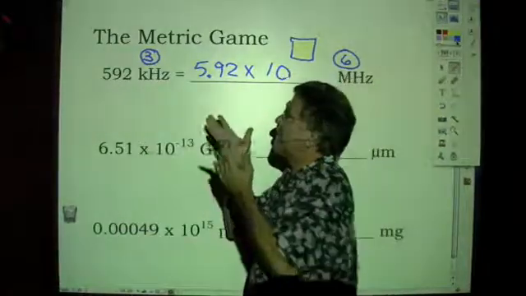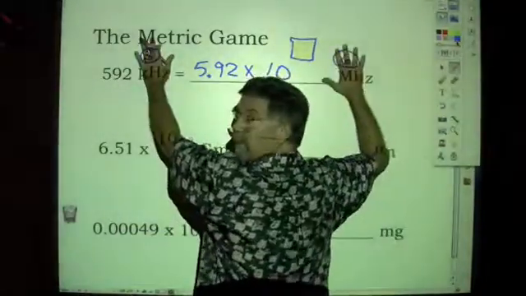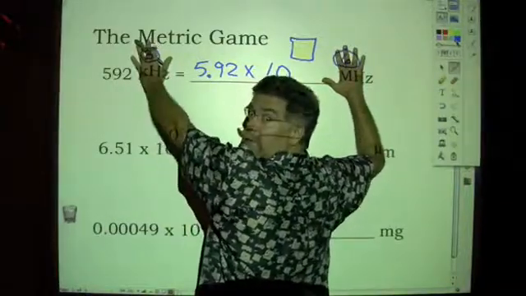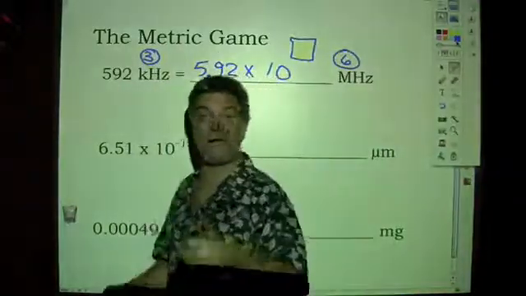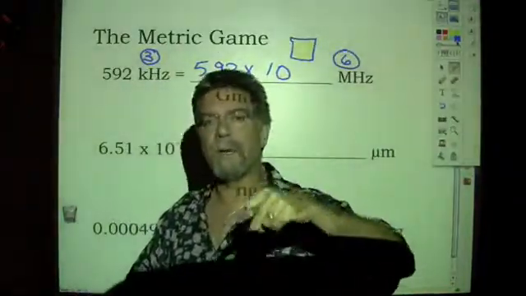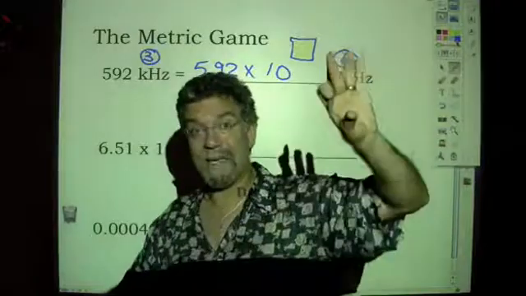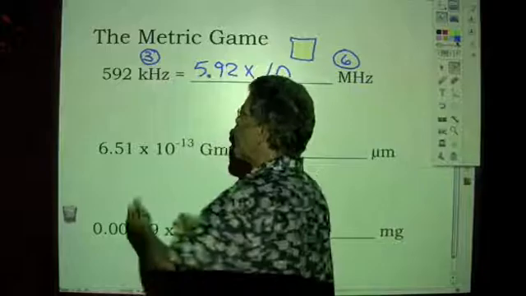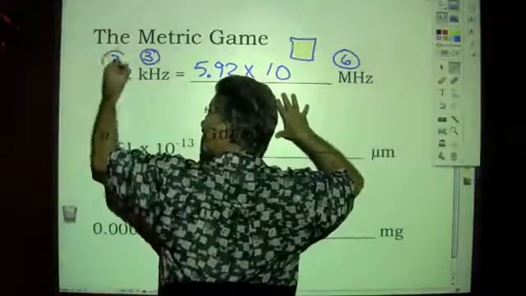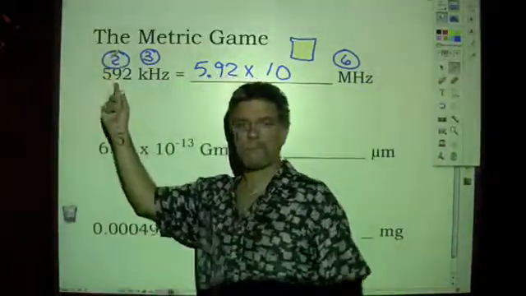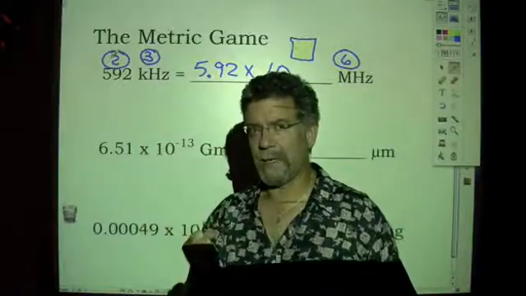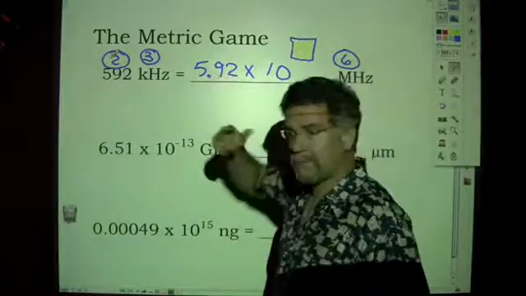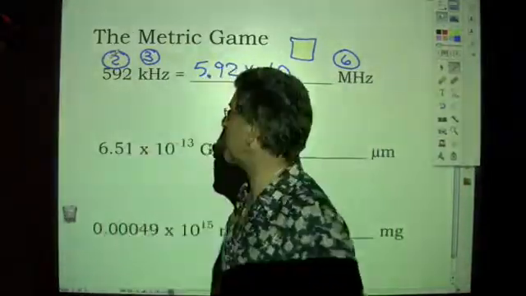If the kilo and the mega weren't there, and I was going to write this 592 as just a number with the decimal after the first digit, I would have to write it as 5.92 times 10 to the second, right? Because it's 5.92 times 100. So that's why there's a 2 that goes above that. Okay, and that's telling me that it's not 592 here, it's 5.92. So that's for me to remember that I got to make sure I keep that.